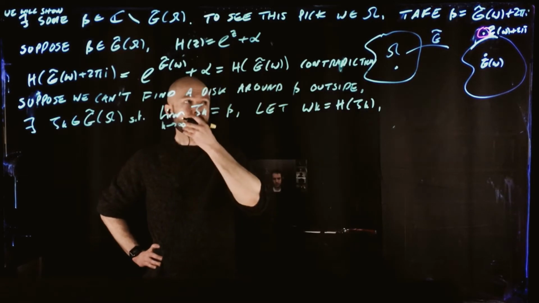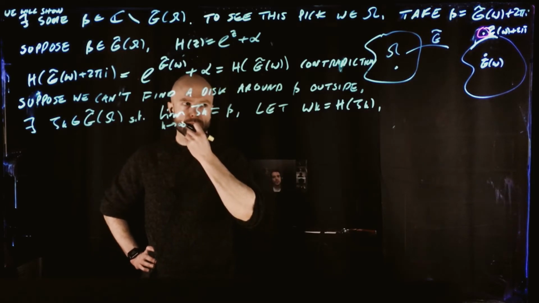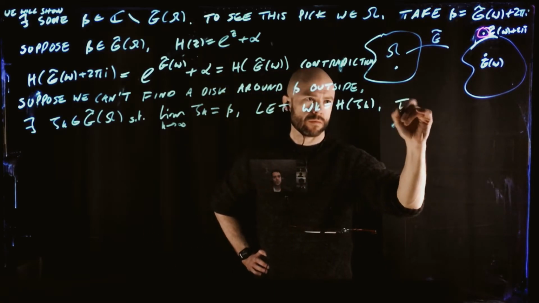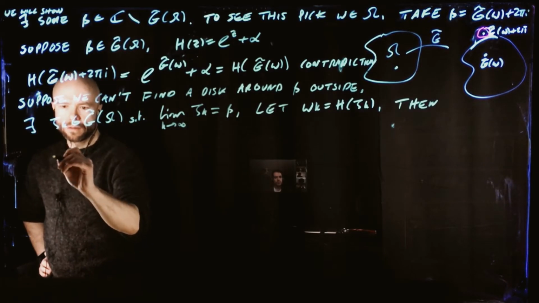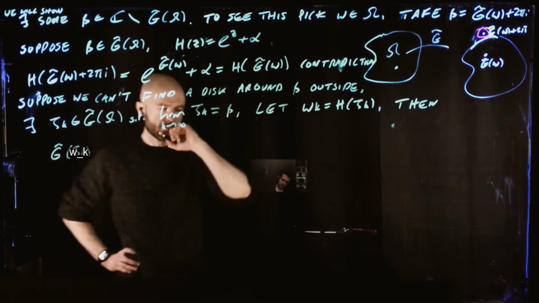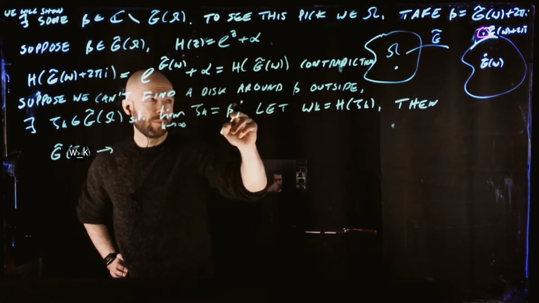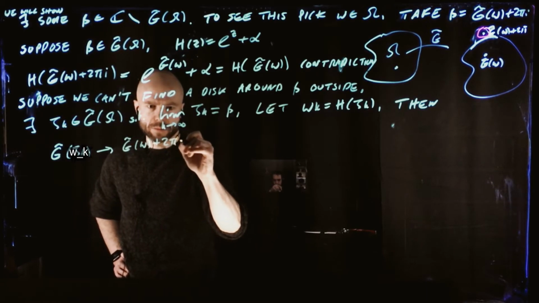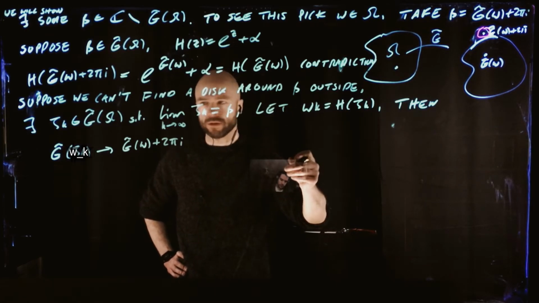Then we know that G tilde of zeta k tends to this guy beta, which is G tilde of w plus 2 pi I. Just because this is just messing around with the definitions.